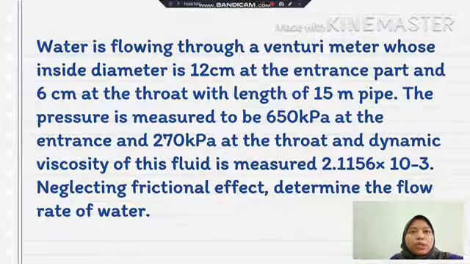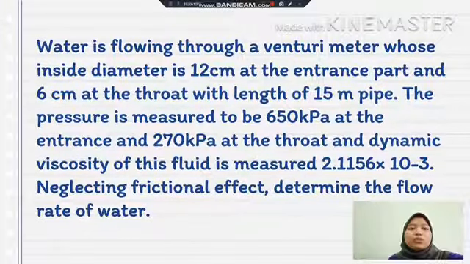The pressure is measured to be 650 kilopascal at the entrance and 270 kilopascal at the throat, and the dynamic viscosity of this fluid is measured as 2.1156 times 10 to the power of negative 3. Neglecting frictional effects, determine the flow rate of water.